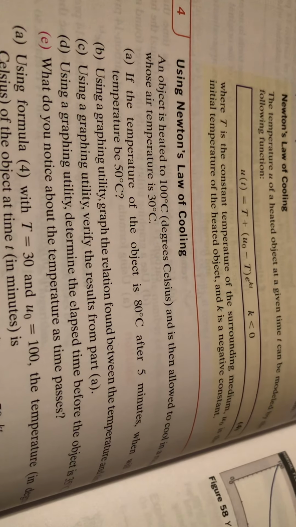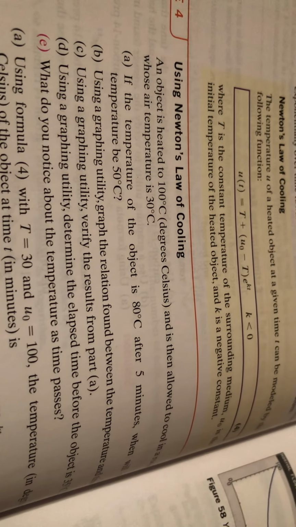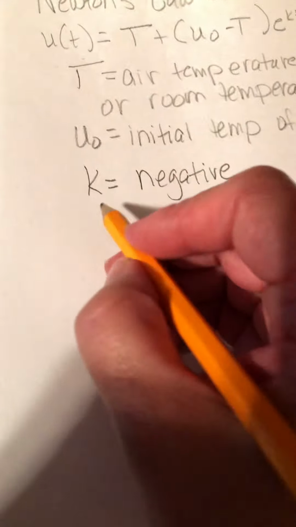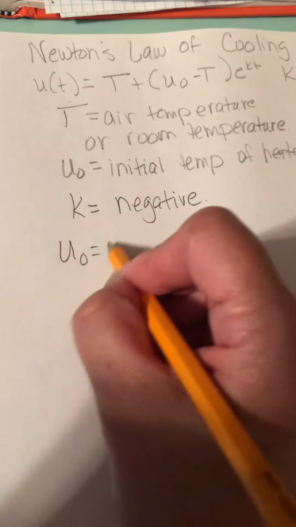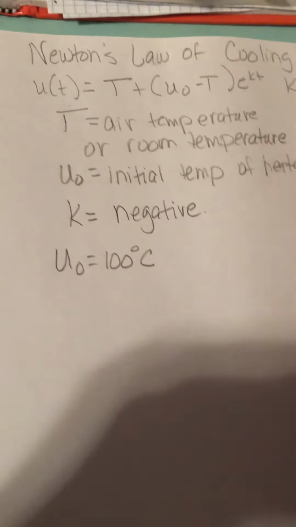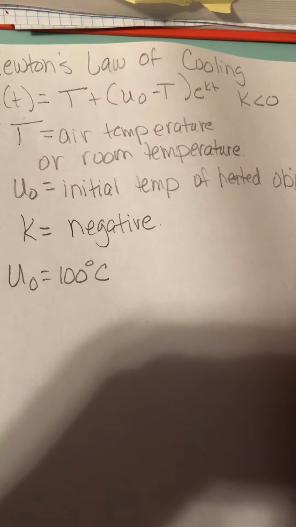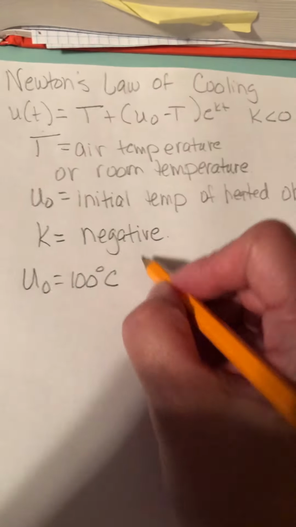So look at what you've got in our first paragraph. An object is heated to 100 degrees Celsius. Okay, 100 degrees Celsius is going to be your U of 0. And is allowed to cool in a room whose air temperature is 30 degrees Celsius.